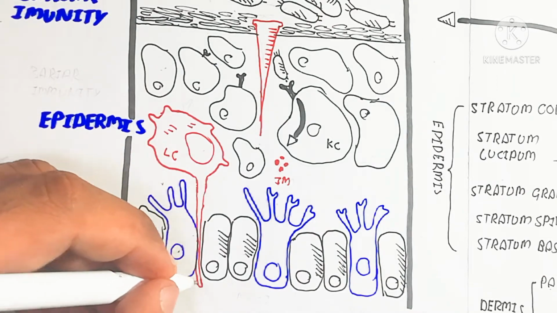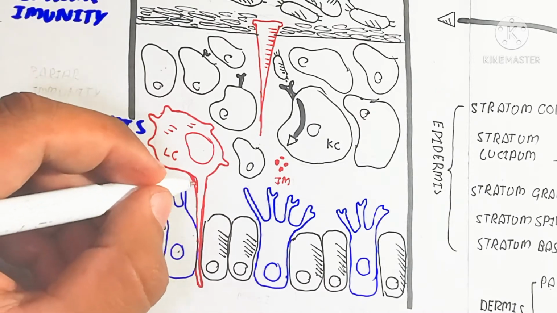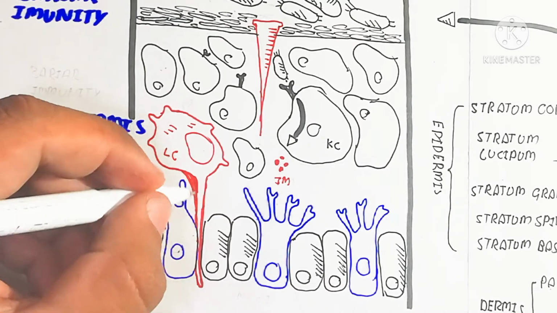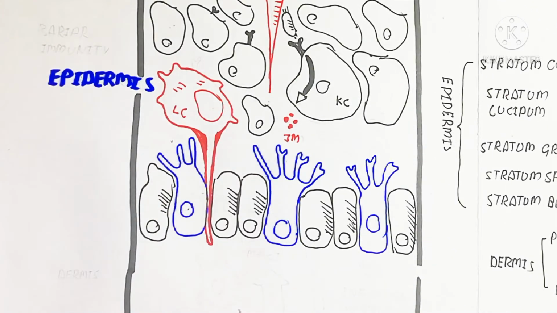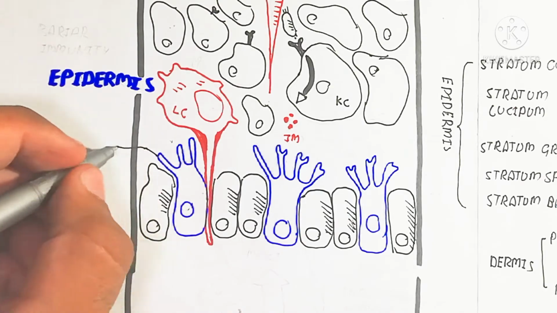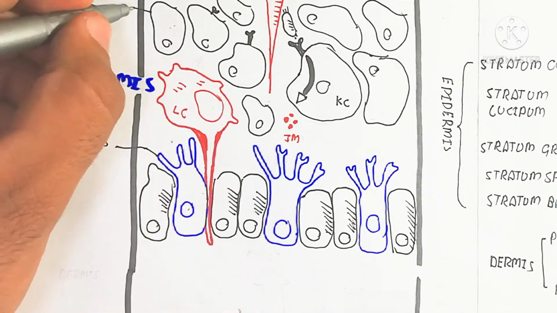Here is the melanocyte in blue, and the other cell is the keratinocyte. Remember, there is a small finger-like projection going inward toward the dermis to recognize the dendritic dermal cell.